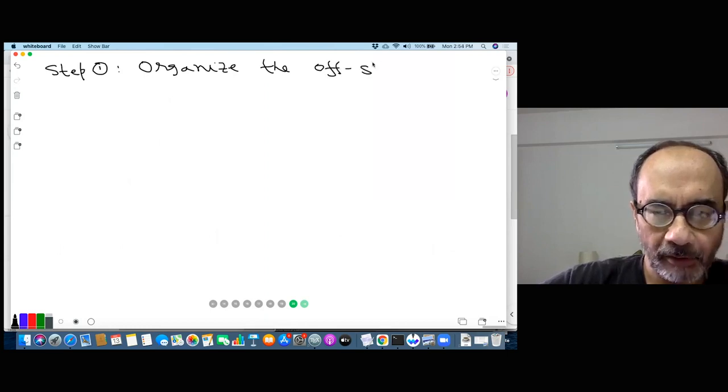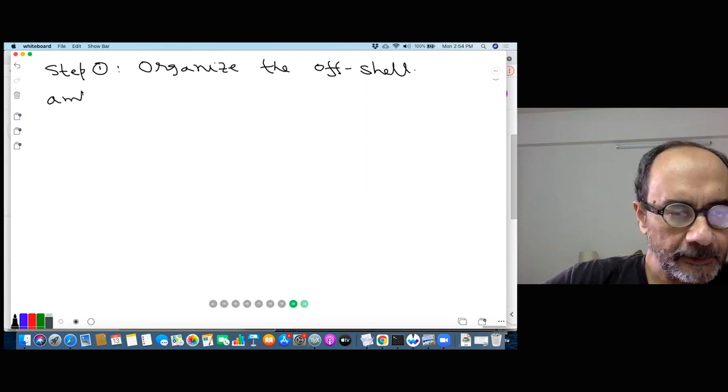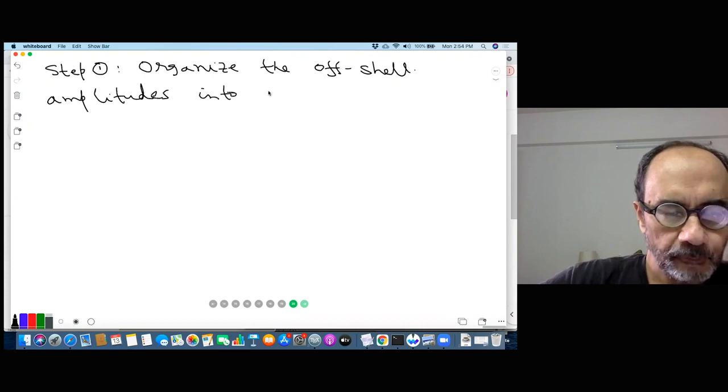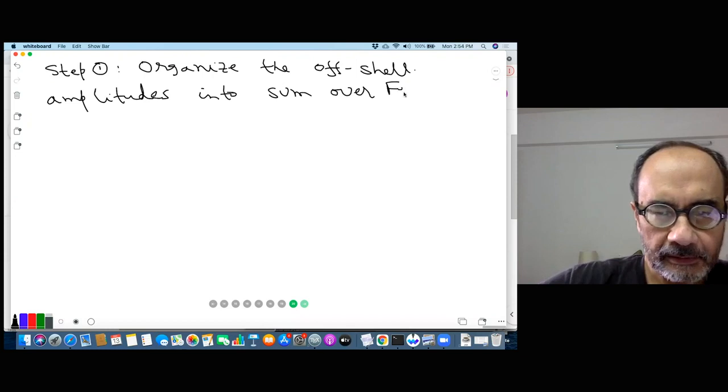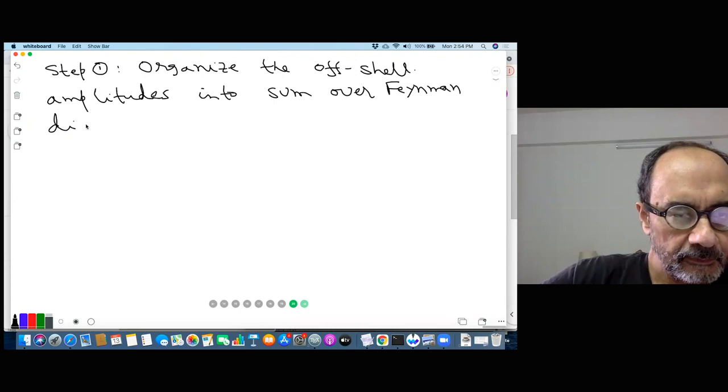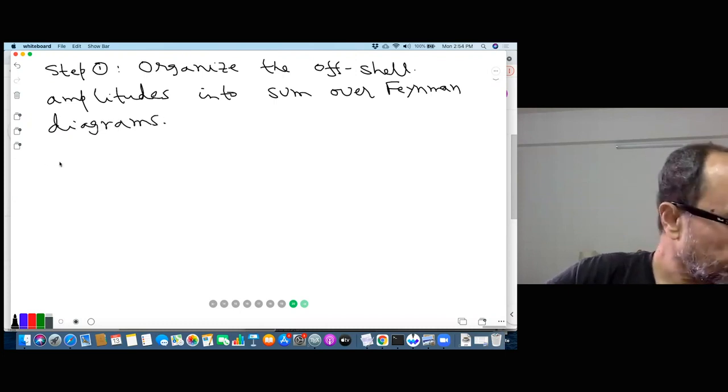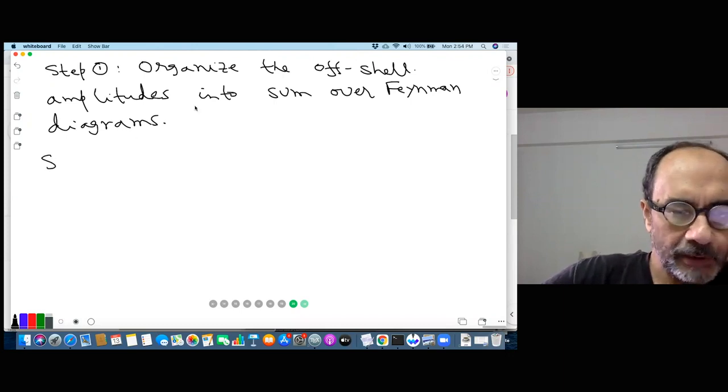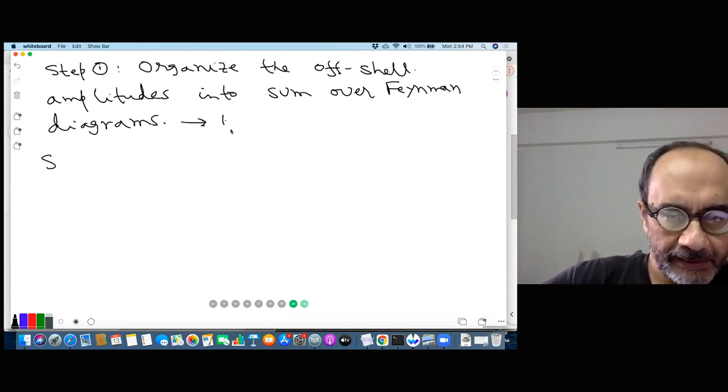I have already told you how to compute off-shell amplitudes. This is a non-trivial step, and will be described in detail.